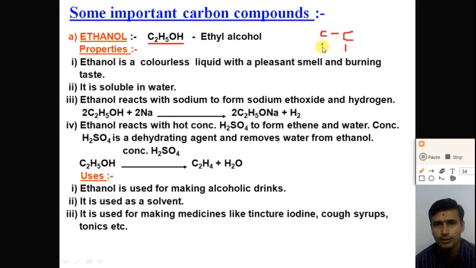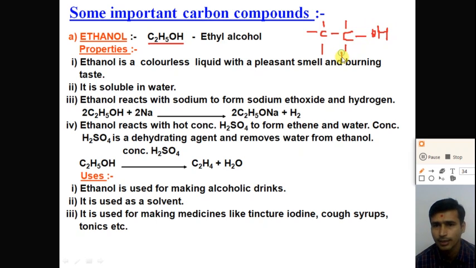And all the valencies of the carbon are fulfilled by hydrogen atoms, right? And one valency of any one of the carbons is fulfilled by oxygen, OH, like this. So this one is the structural formula.